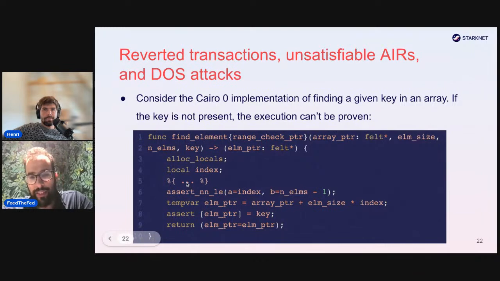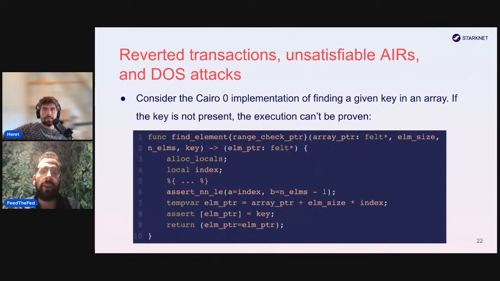Okay, but there is an advantage here: if the element is there, then I only needed a constant number of Cairo instructions to show that the element is there. I don't have to do the entire search within Cairo, so that makes the proof much more efficient. Okay, so that's Cairo 0, which compiles down to Cairo assembly and had the hint syntax.